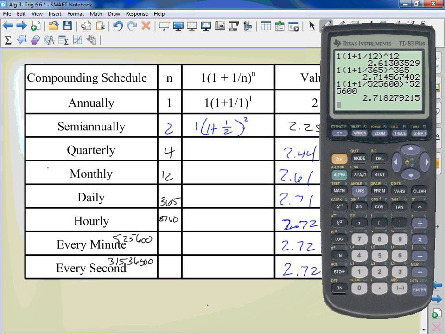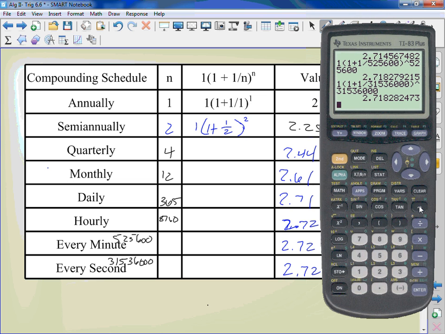If I put in the last one, let me just do it from the computer, 31536000. It rounds to 2.72, but they're not exactly the same.